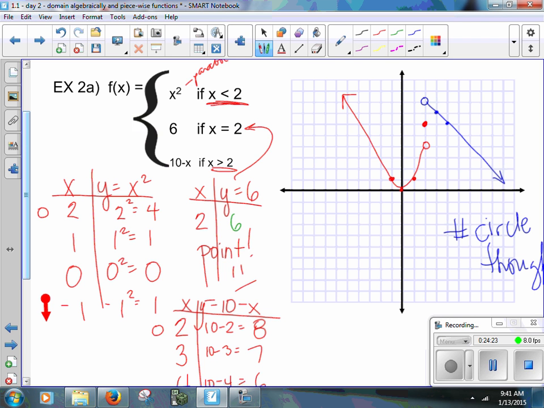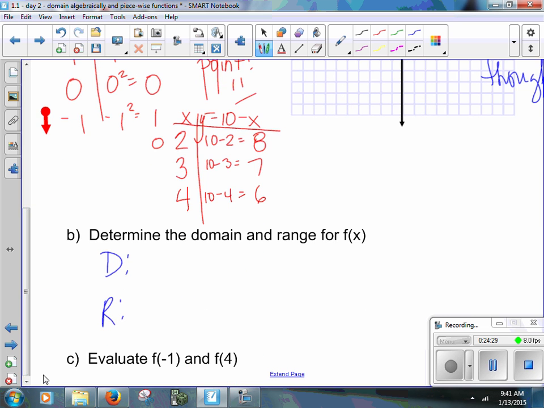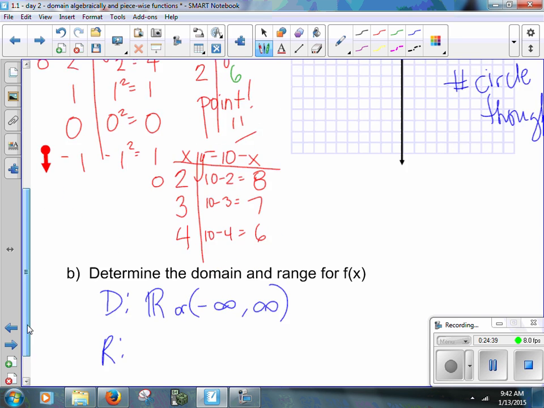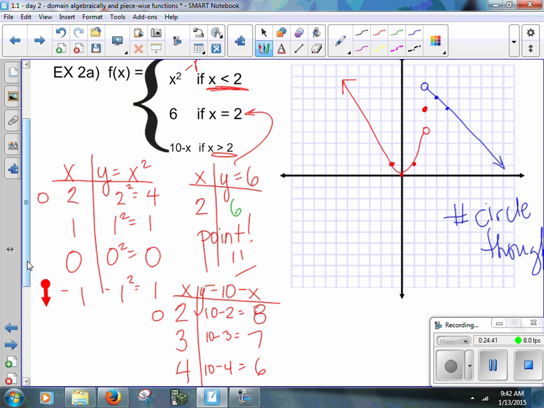Negative infinity, it just happens to be a little hole right here when x is 2, and it's going to keep on passing to where? Positive infinity, right? So the domain, was he right in saying all reals? Yep, negative infinity to positive infinity. What about the range? All reals? No way.